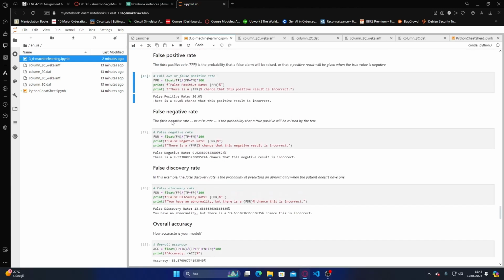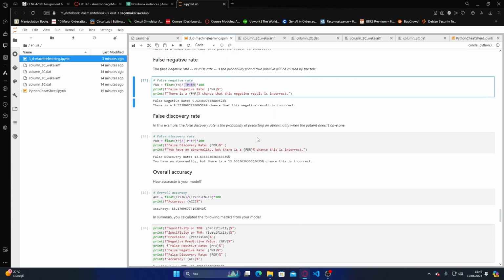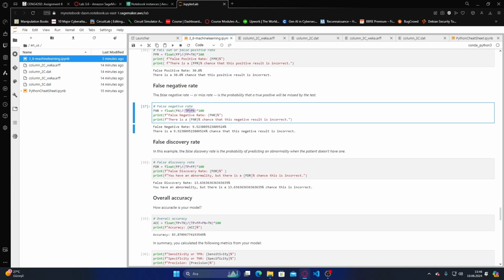The false negative rate means it's abnormal but says it's normal, and we are dividing the wrong answers for the false negatives by the true answers within the abnormalities.